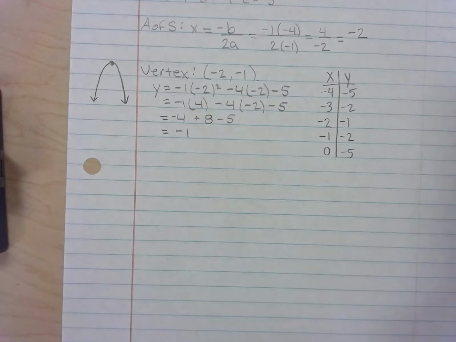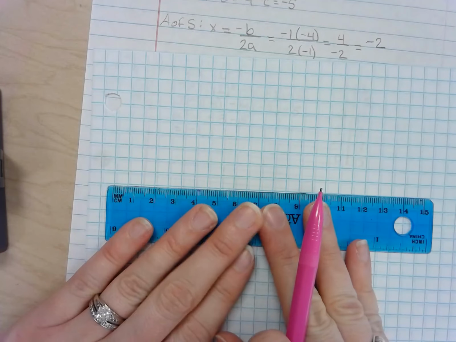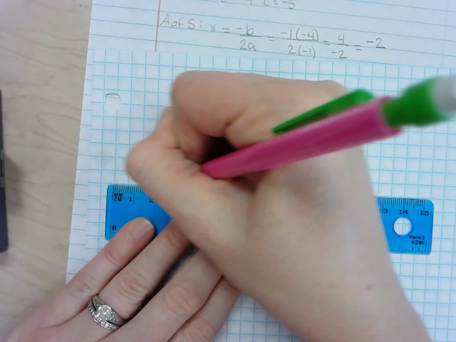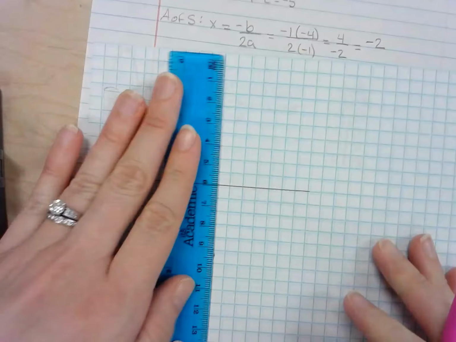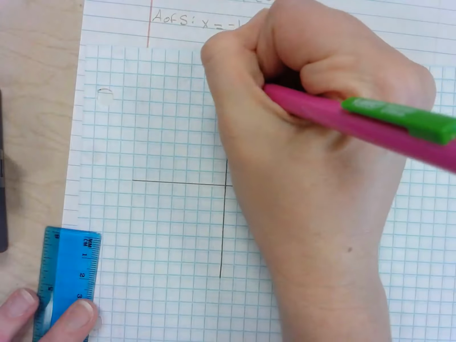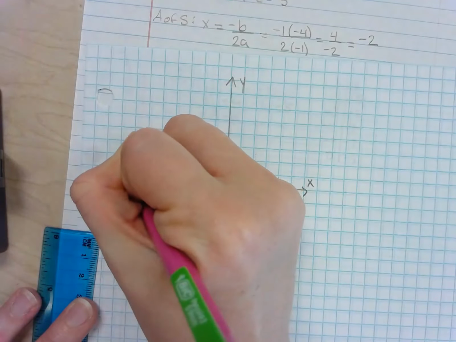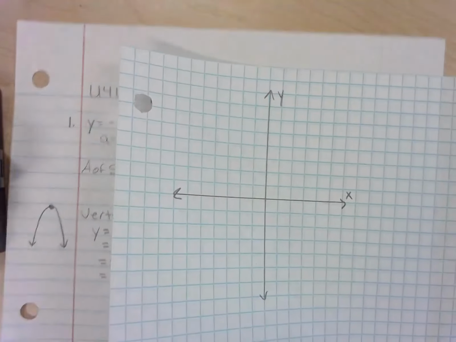So now we'll graph these on graph paper. So we have our x and y axes.